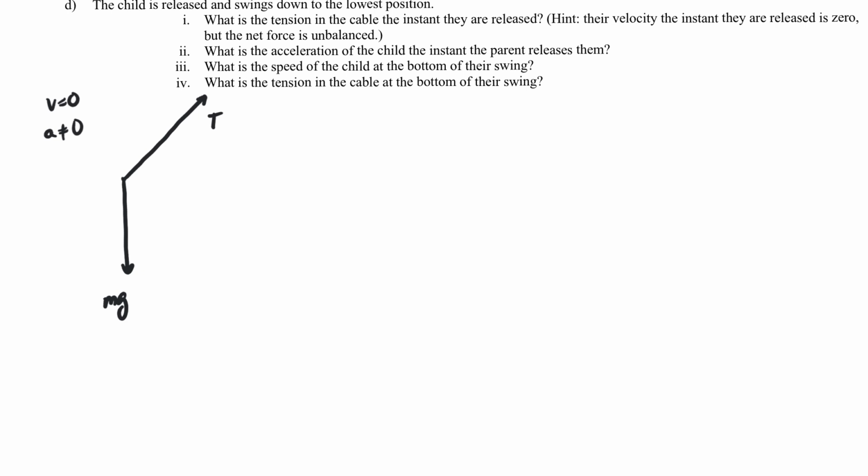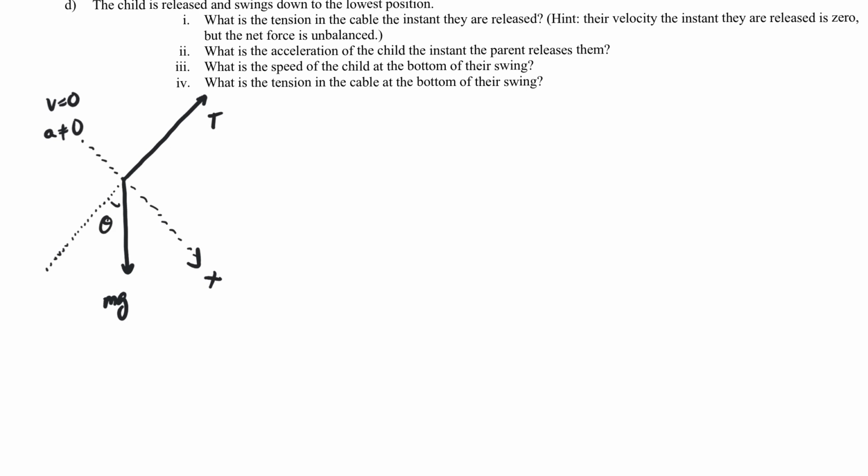If I want to figure out the tension, I need a way to do so, but you need to be careful. I'm going to set up a coordinate system aligned with the direction of the acceleration, and that direction is this way. Fair enough? Because they're not going to go straight down. They're going to go perpendicular to the cable.